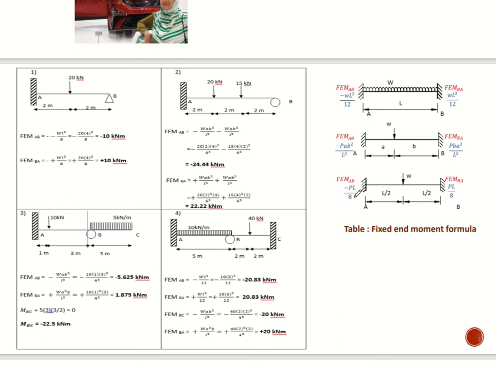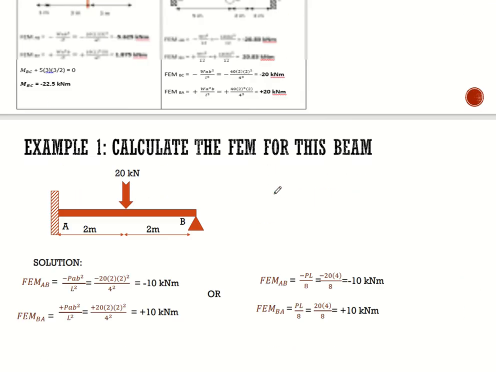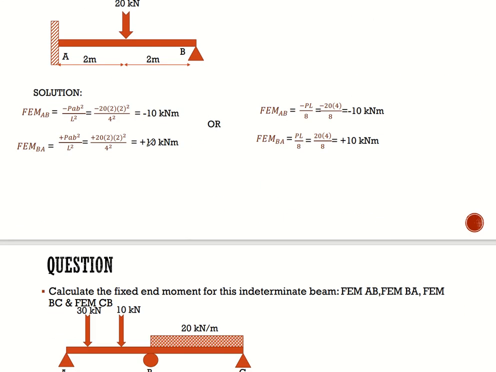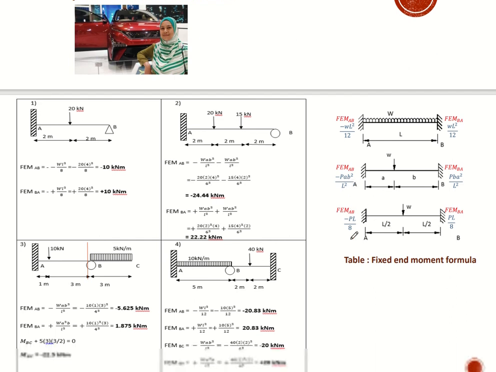For the left side, we're going to use negative PL over 8, this one. Or we can use the formula for a point load subjected to any side of the beam. If the left and the right side are not similar, we can still use the second formula.